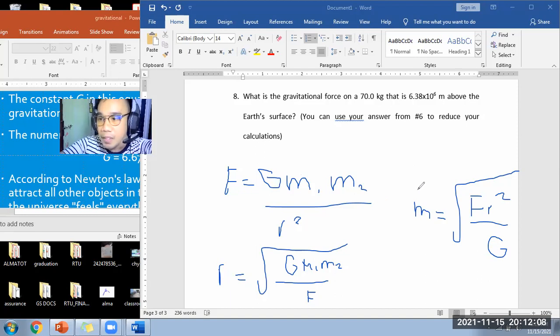Then the Earth's mass is 5.98 times 10 to the 24. Then the gravitational acceleration for the Earth is 9.80. Okay? Those are what we need to remember. The content will be placed in the PowerPoint. So these are our formulas using Newton's law of gravitation.